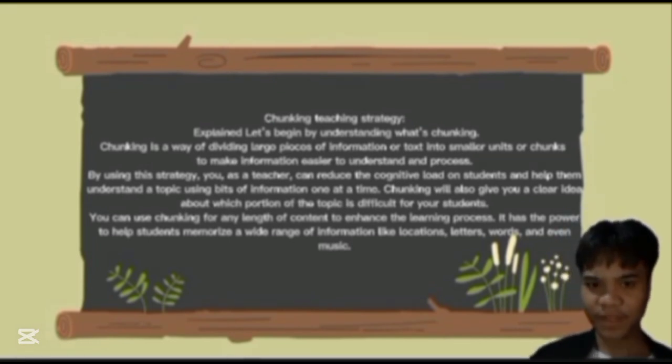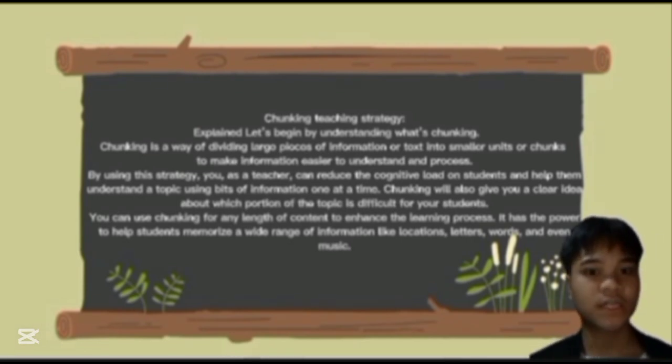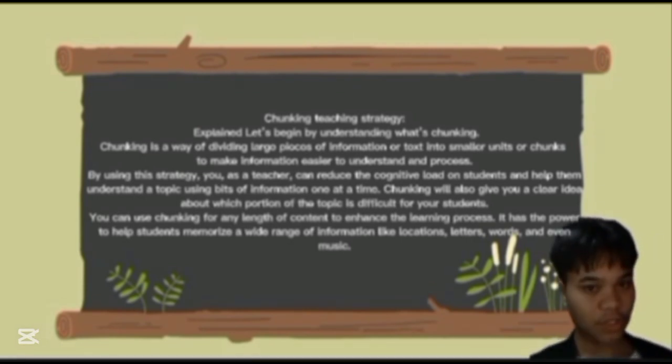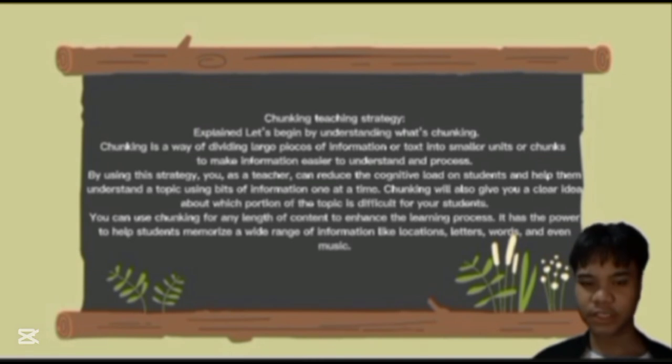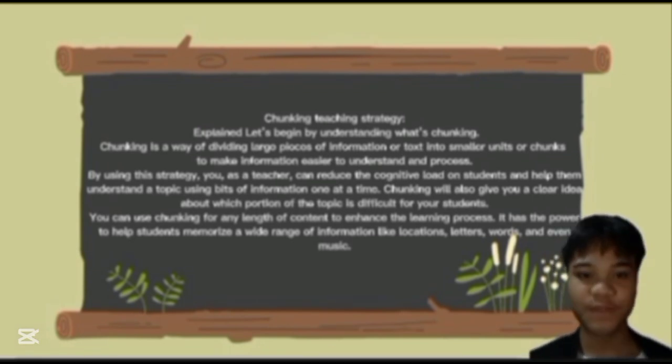Chunking will also give you a clear idea about which portion of the topic is difficult for your student. You can use chunking for any length of context to enhance the learning process. It has the power to help students memorize a wide range of information like locations, letters, words, and even music.